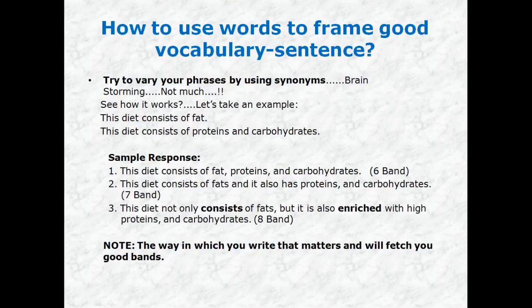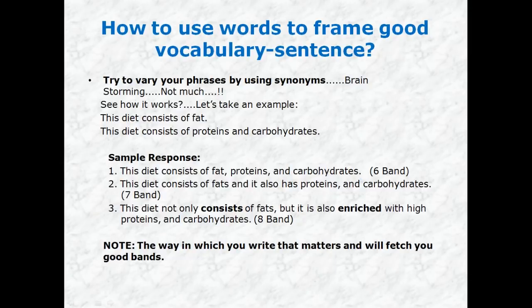The first sentence says, this diet consists of fat, and the second sentence is, this diet consists of proteins and carbohydrates. Now, I will change these lines with respect to 6, 7, and 8 band response.